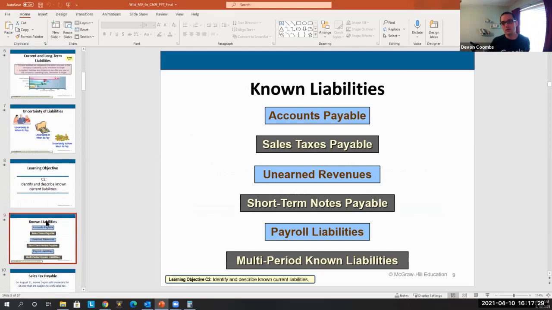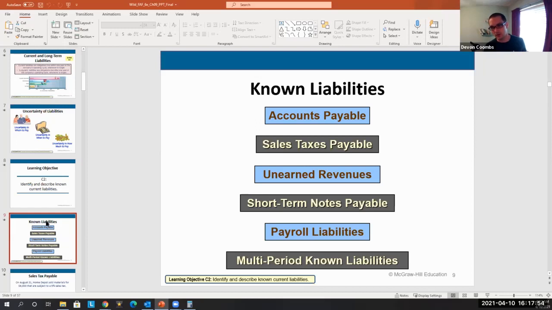So what are some known current liabilities? We talked about accounts payable in detail. We talked about accounts receivable, the other end, right? And all those considerations, but we have to worry about accounts payable now, the other side. Sales tax payable, so if we owe sales taxes. Unearned revenues, so deferred revenue, short term, which is also known as a contract liability now.